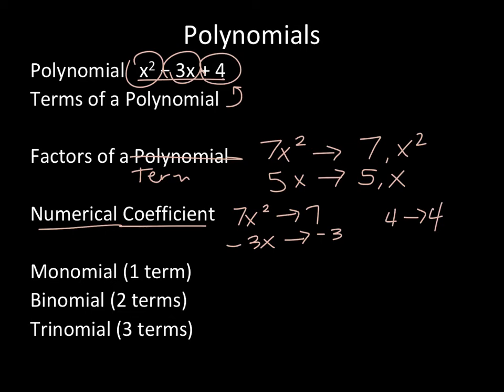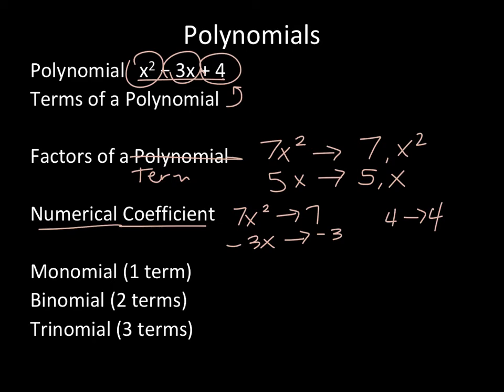There are 3 basic types of polynomials that we're going to be looking at. Of course, there can always be more terms, but the ones we're going to be using more often are monomials, binomials, and trinomials. This really just tells you how many terms the polynomial has. So obviously monomial 1, bi 2, tri 3.